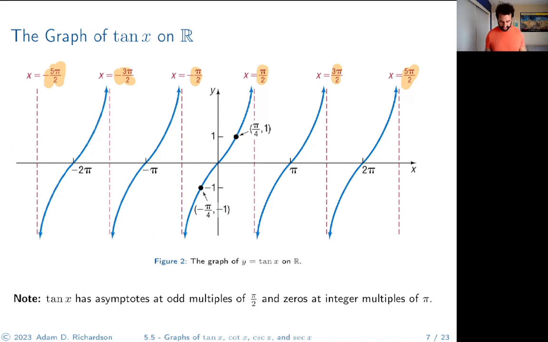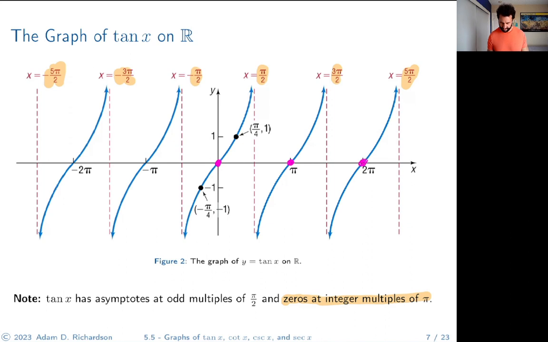So tangent has asymptotes at odd multiples of pi over 2, and it has zeros at integer multiples of pi. So let me point those out right here. Notice here that, let me go with pink. At 0 pi, the value of tangent is 0. At 1 pi, the value of tangent is 0.